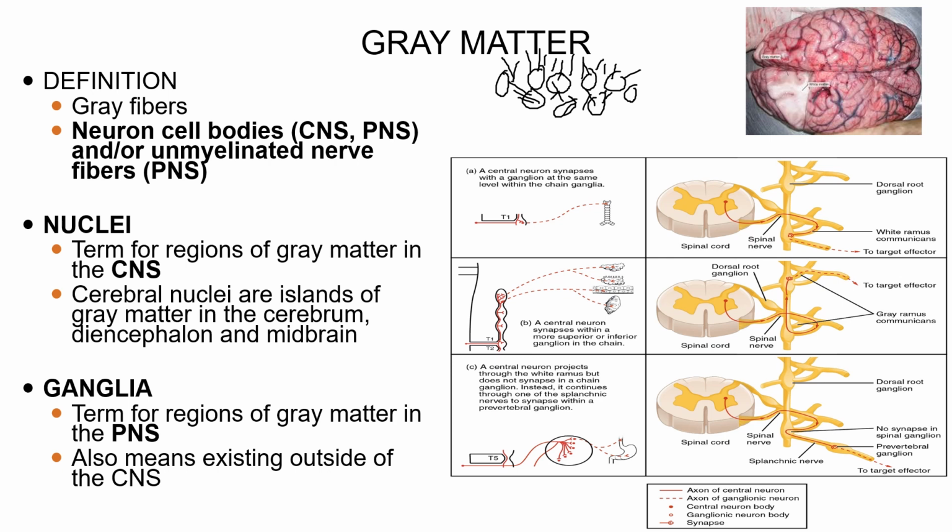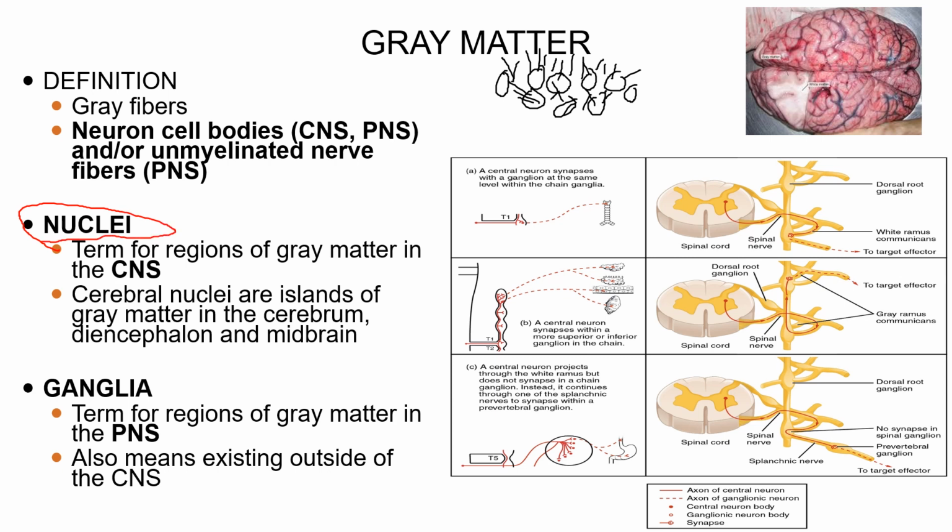So, in gray matter, with the brain, or with the spinal cord, or the brainstem, anywhere in the central nervous system, as you can see in your notes, what we're going to call that is a nucleus, or plural, nuclei.